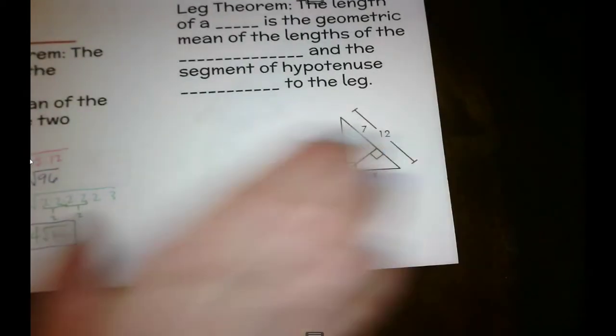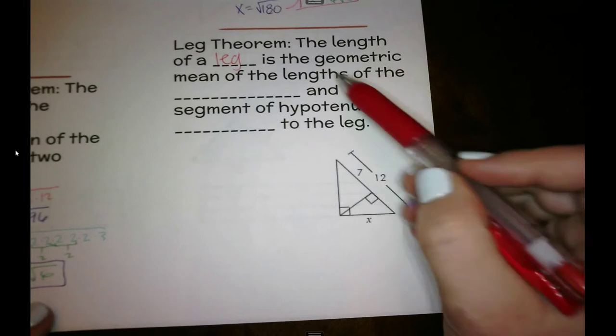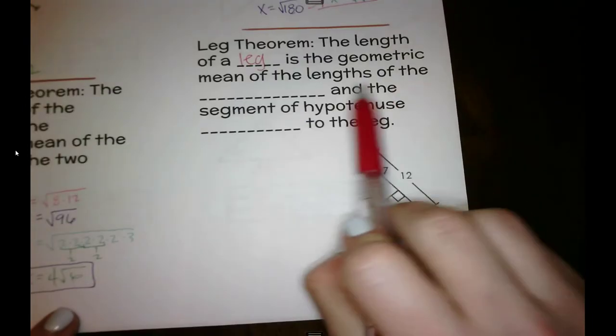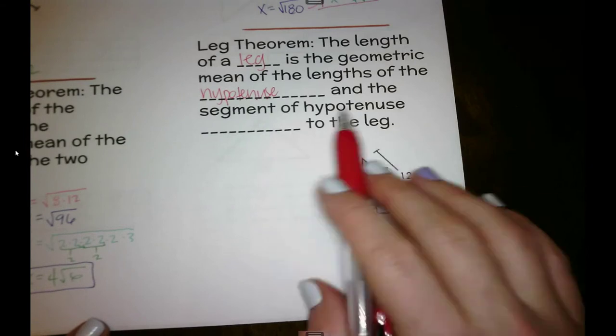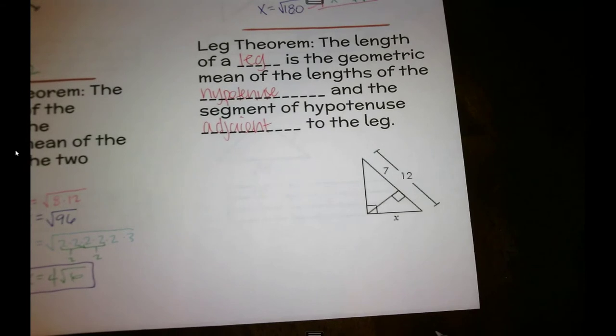All right, leg theorem. The length of a leg is the geometric mean, so again, we're using this, of the lengths of the hypotenuse and the segment of the hypotenuse adjacent to the leg. Okay, adjacent means next to.